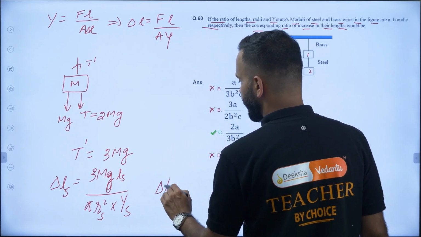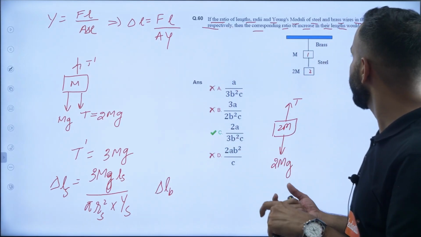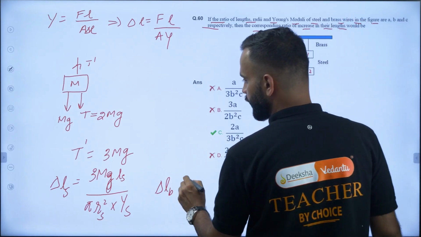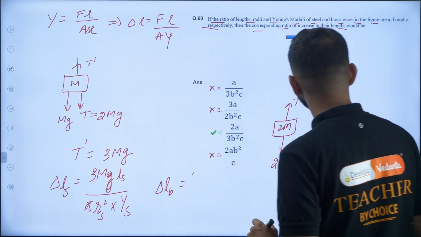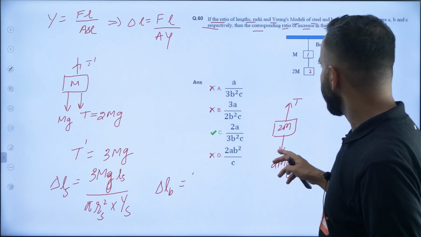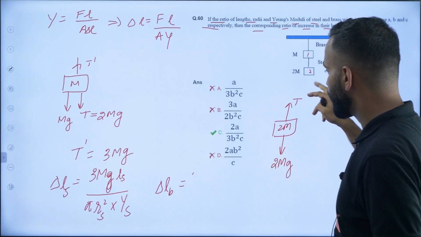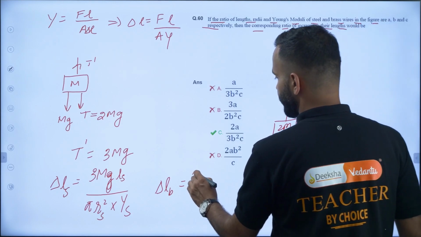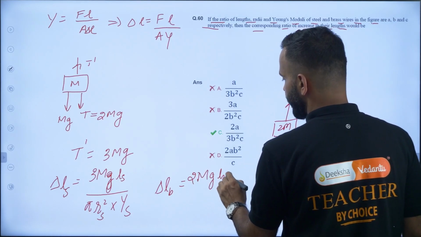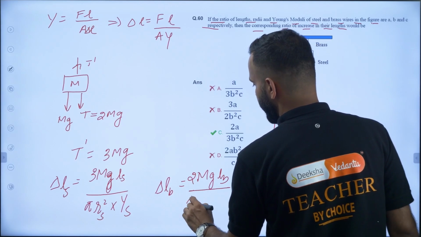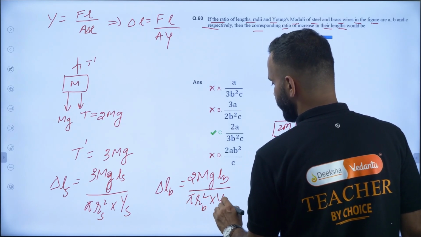Now delta Lb is the change in length of the brass wire, which is equal to 2mg into Lb divided by pi Rb squared into Yb.